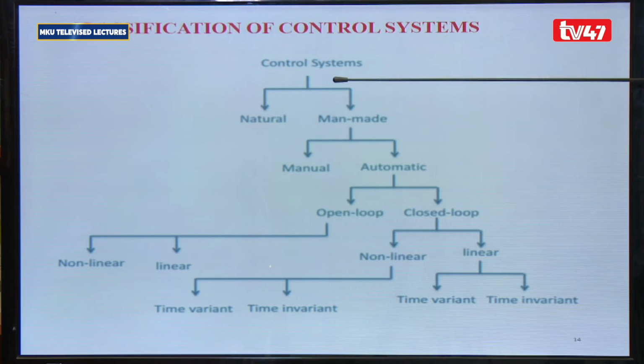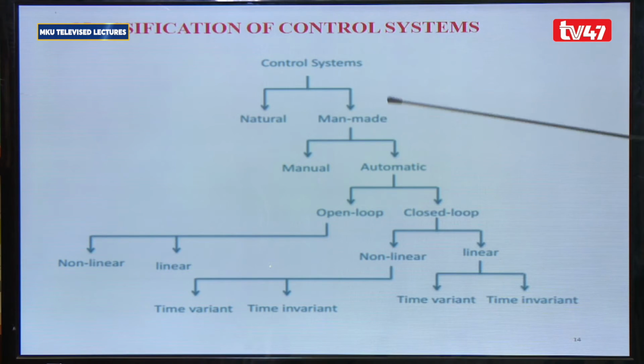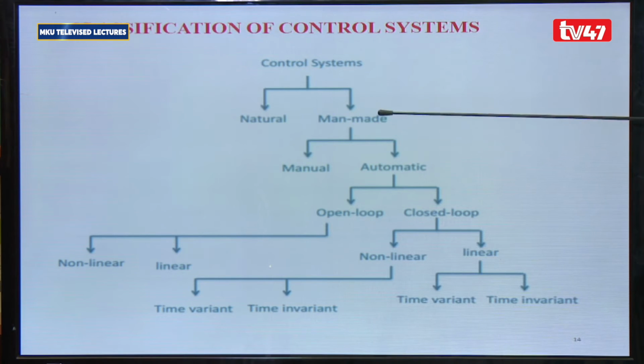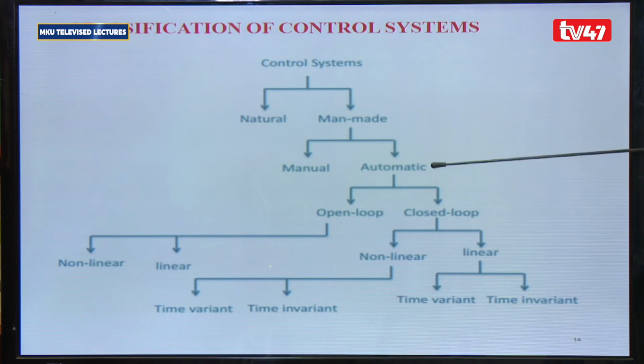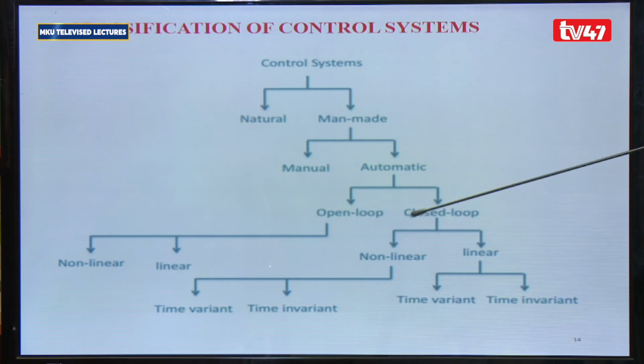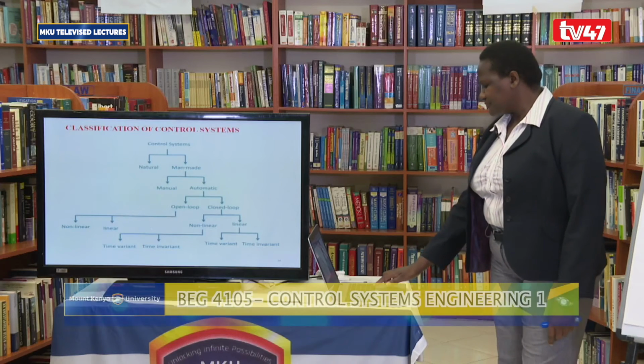We are so much concerned with the man-made because this is where we can apply our controls. Under man-made, we have the manual and the automatic. Then under automatic, we have the open loop and closed loop. Open loop, we have linear and non-linear. Closed loop, we also have non-linear and linear. Then we have time variant and time invariant. Those ones I will explain as we move.